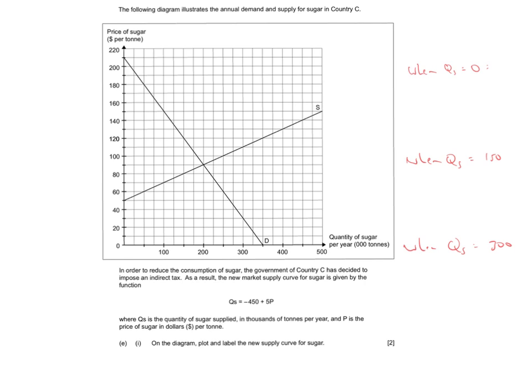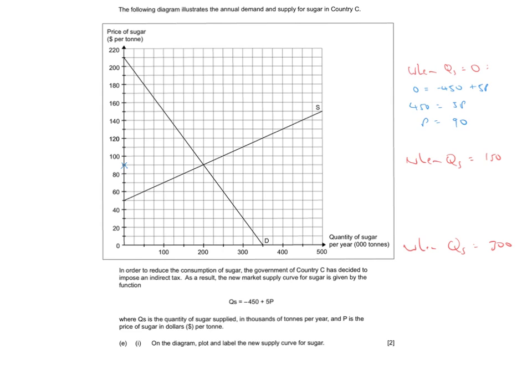Taking a point to begin with where quantity supplied is equal to 0, so we can say that 0 equals minus 450 plus 5p, so 450 equals 5p, and p equals 90. We can now plot this value, so when Q equals 0, P equals 90, onto our diagram.